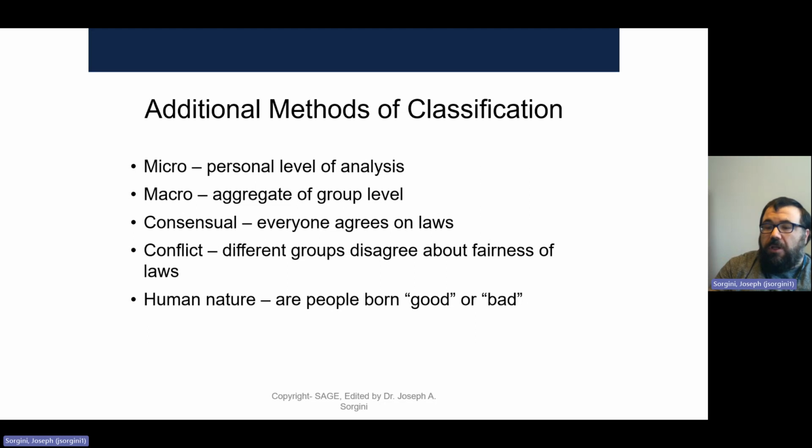And then we are going to talk a lot about human nature and even how these laws and ideas are written, including, as you can see there, consensus perspectives and conflict perspectives. We're going to see that throughout each of these different schools there's some interplay, especially with consensus and conflict, right? This idea of, do most people agree as to what the law should be, or are there different groups disagreeing and enforcing their will upon the others?